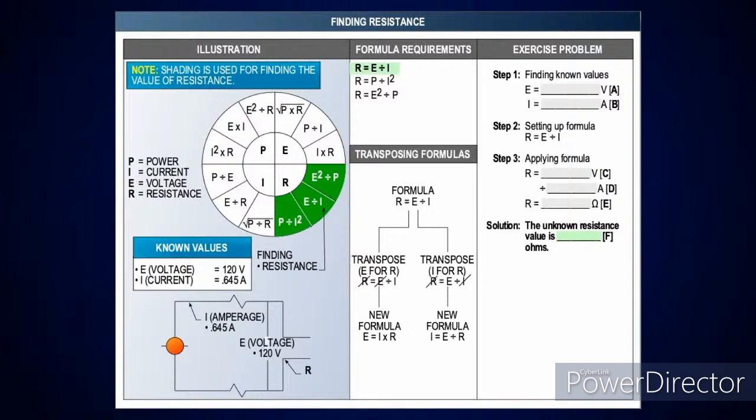Now, one of the things that you're going to see here is where you've got the voltage. If you've got the voltage and the power, you're going to square the voltage and divide by the power. If I have amperage here, I'm going to square the amperage and divide it into the power.